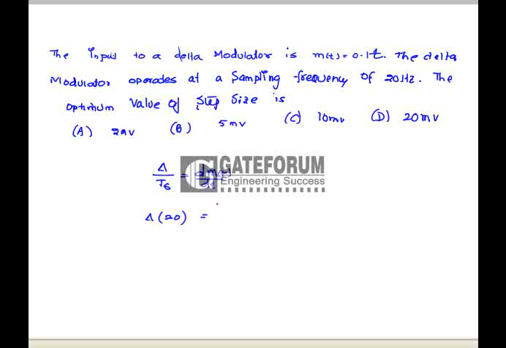The slope of m(t) is 0.1, hence delta equals 0.1 divided by 20, which is 1 by 200, that is 5 into 10 power minus 3, 5 millivolts. That is option B is correct.